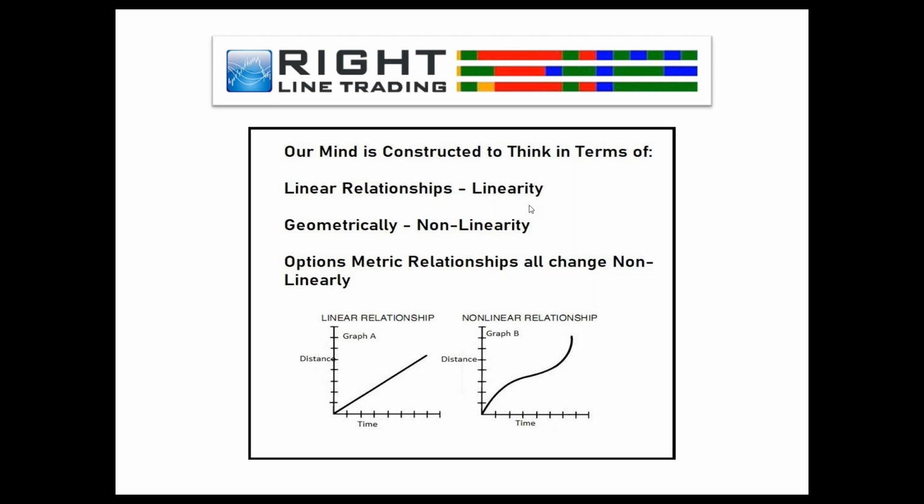Every metric in options moves geometrically. So in some regards it's counterintuitive to the way we're hardwired, and we have to change a little bit about the way we think. Now, this is just a linear relationship.